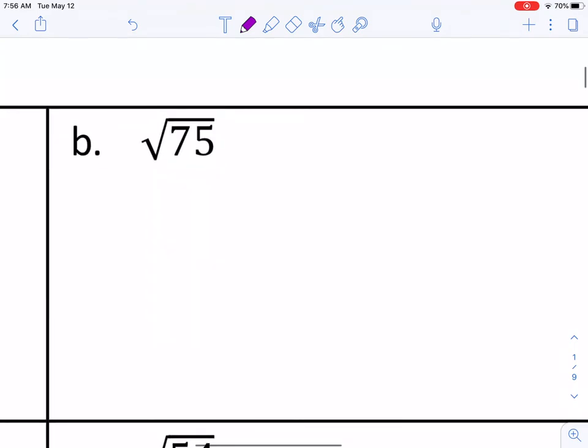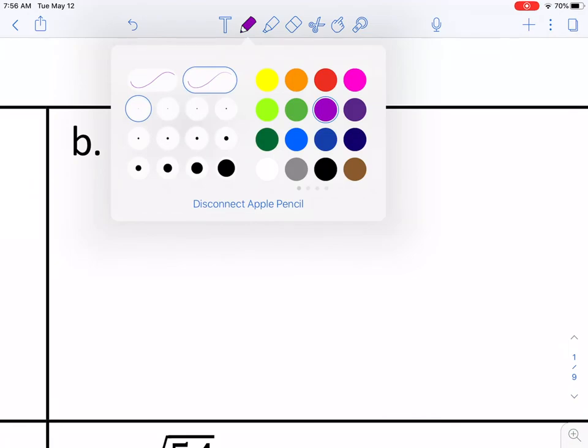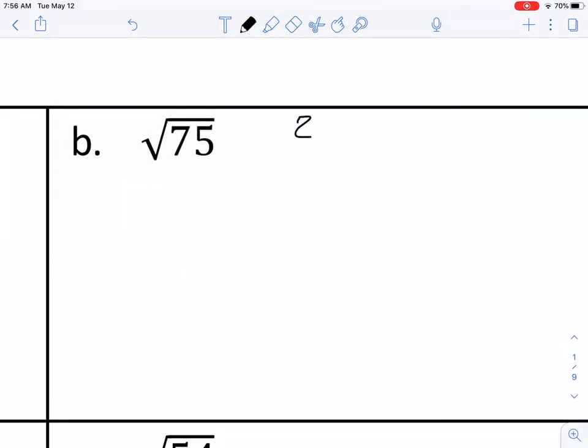Okay, for 75. Again, we're using 2, 3, 5, 7, 11. And you don't jump around, you just keep using them. For this one, 75, probably a lot of us thought, oh, it's 5, we can use a 5.